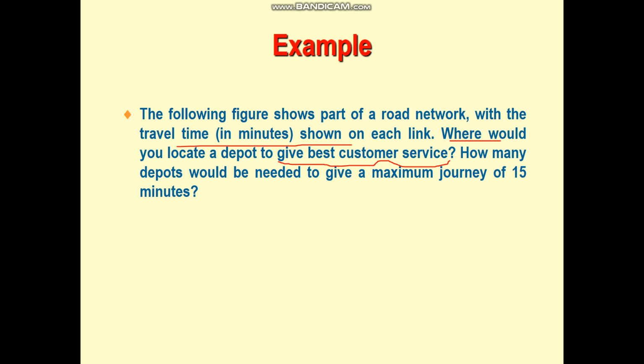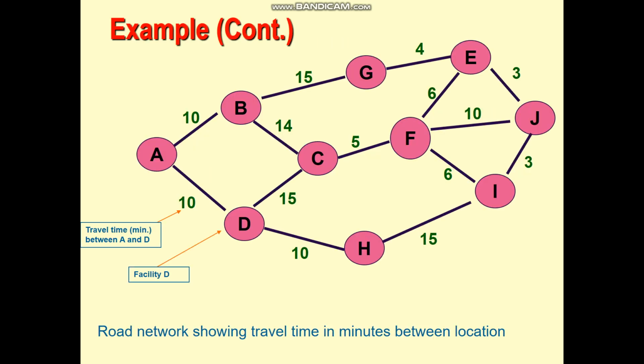And the second question is how many depots would be needed to give a maximum journey of 15 minutes. So let's look at the figure. We have 10 facilities. The green numbers are the travel times between two facilities. For example, the travel time between A and B is 10 minutes.